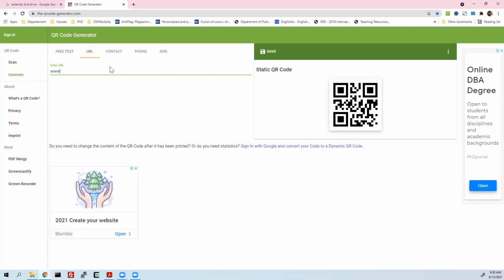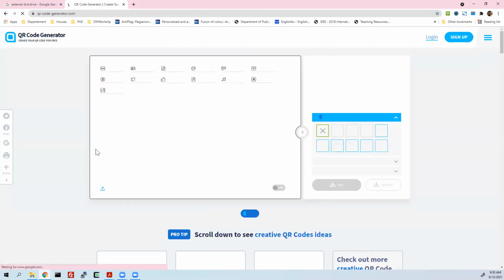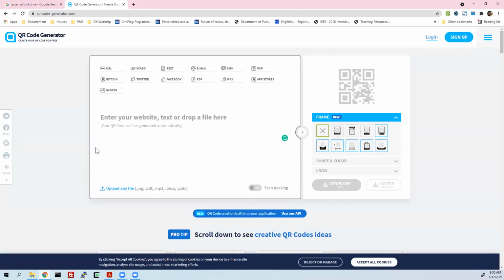You can have something like www.mahanaonline.lk. This is our website. You can have the QR code. So you see it's changing. Right. There are many generators. And sometimes you can have pictures as well.